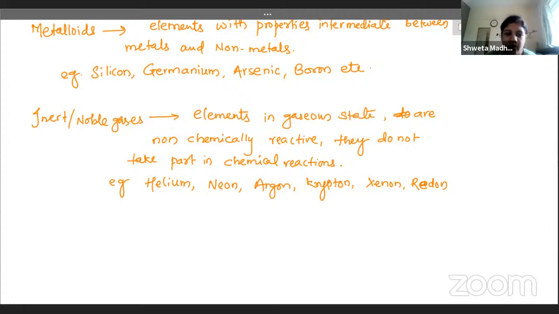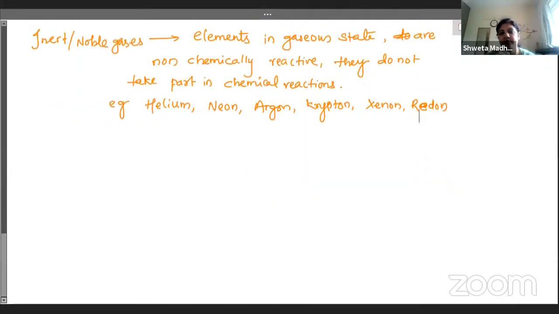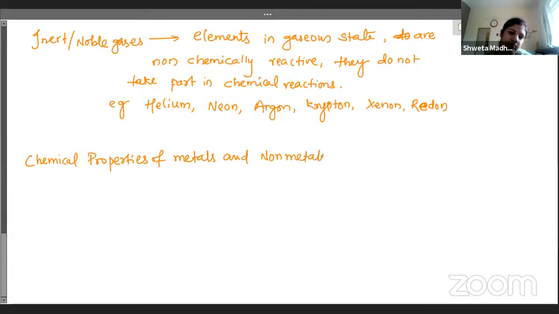Now next is the chemical properties of metals and non-metals. Chemical properties, that is, we have to see the reactions.